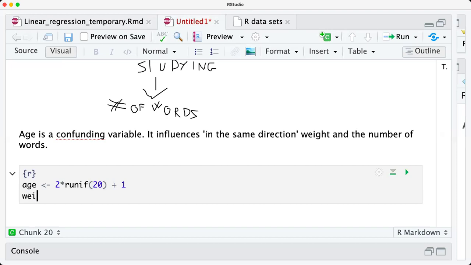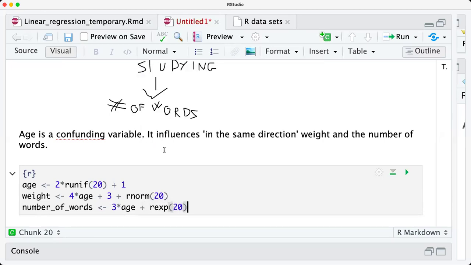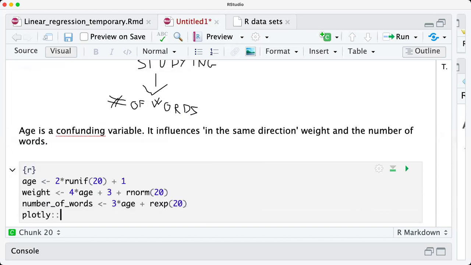Then the weight, let's say, is 4 times the age plus 3 plus a random normal noise, and the number of words is equal to 3 times the age plus a random exponential. And let's plot this data.